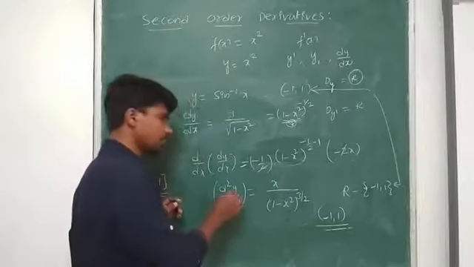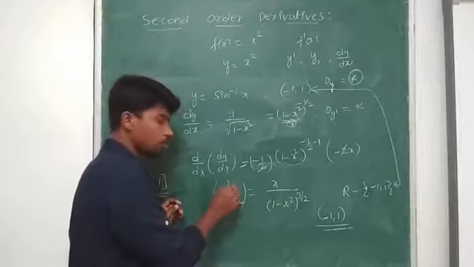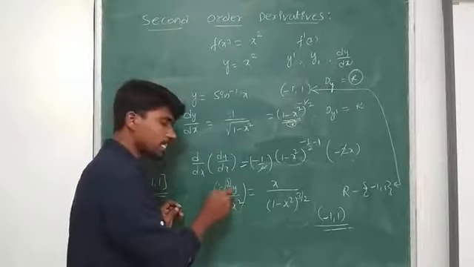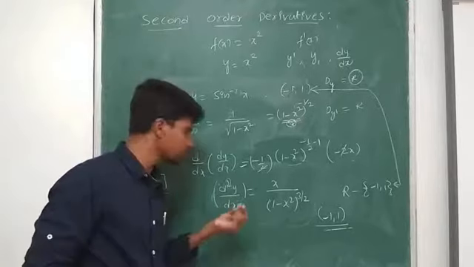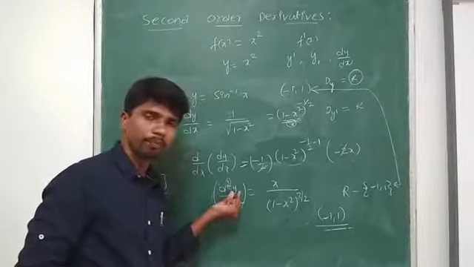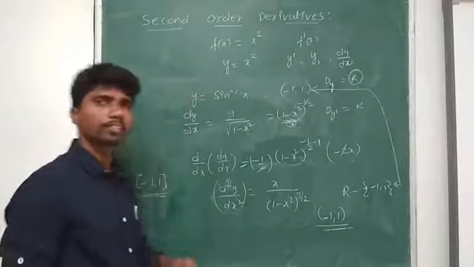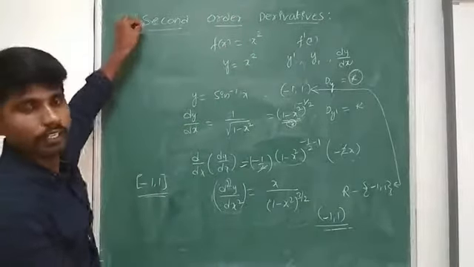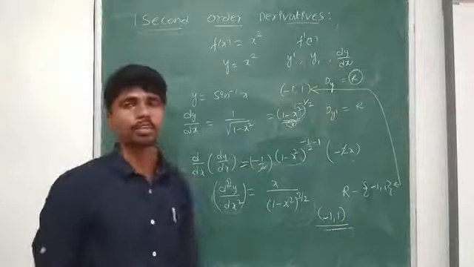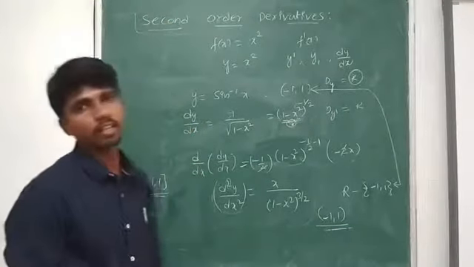So the order of this differentiation is 2. So we call this second order differentiation. How many times did we differentiate the given function y? We did it twice. That's why we call it second order derivatives. This concept comes under second order derivatives.